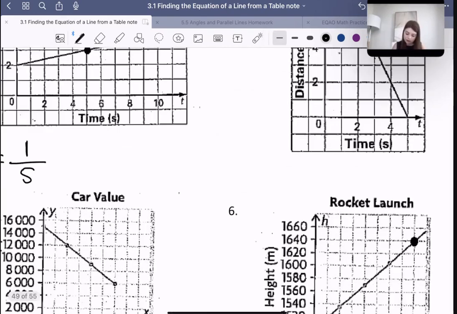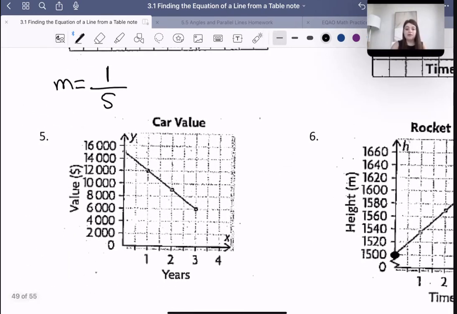Okay, let's go ahead with this one with the car value, as though car values are linear. But anyway, we have this point here, and we also have this point here. So let's go with those. The rise would be negative, right? We're going down $6,000, so -6,000 over the run, which is 1, 2, just 2.